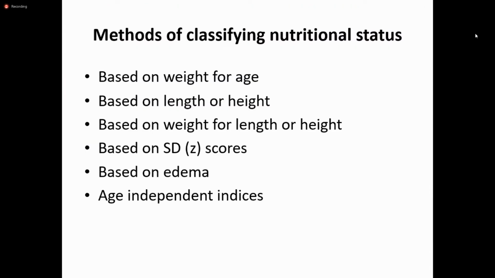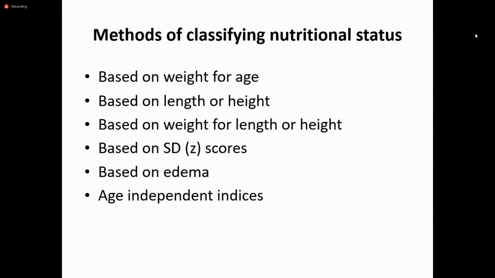After assessing the nutritional status and nutritional intake, how do we classify the nutritional status of a child? Various classification systems exist, but commonly it can be classified according to weight for age, and length or height for age.